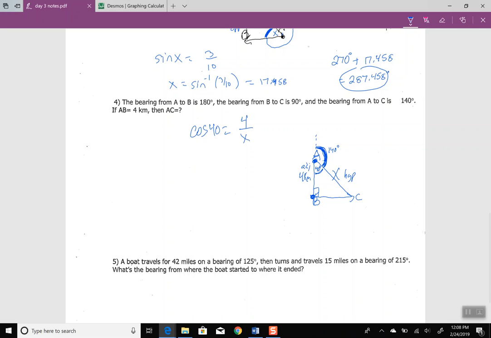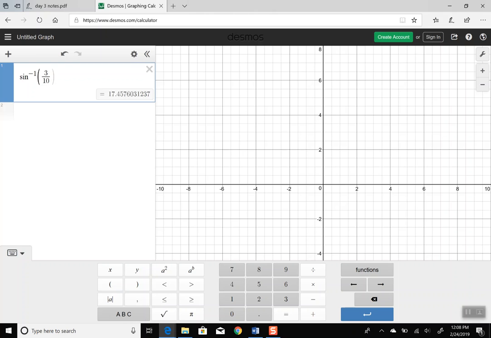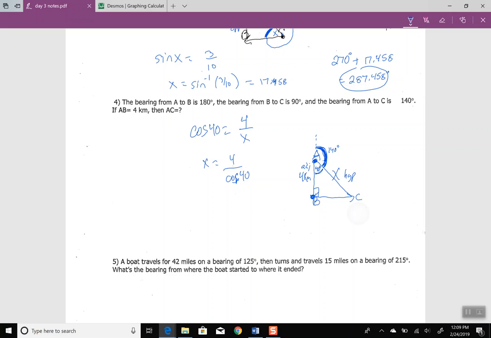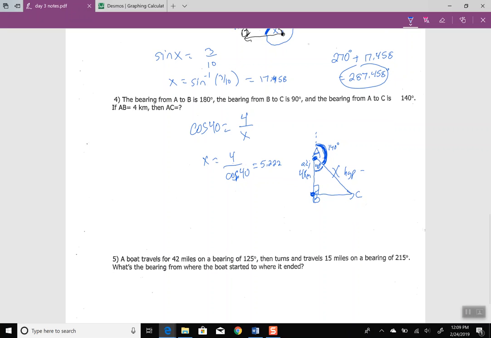Multiply by x on both sides, divide by cosine of 40, and you end up with x equals 4 divided by cosine of 40 degrees. So you can just flip them if you remember the shortcut. 4 divided by cosine of 40 gets us 5.22. So this side AC is 5.22 kilometers.